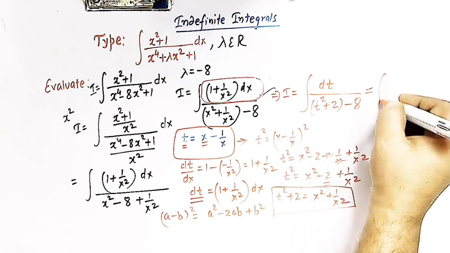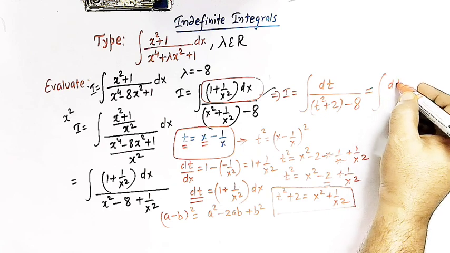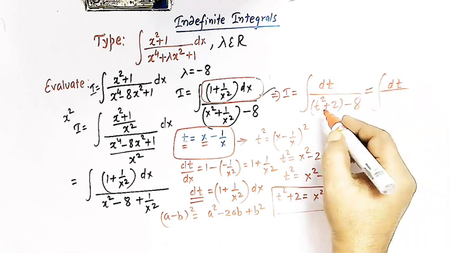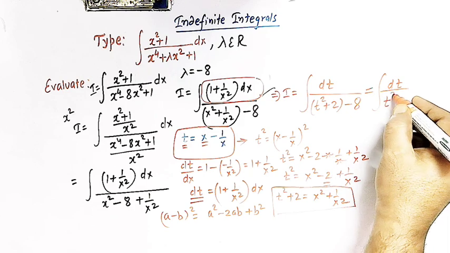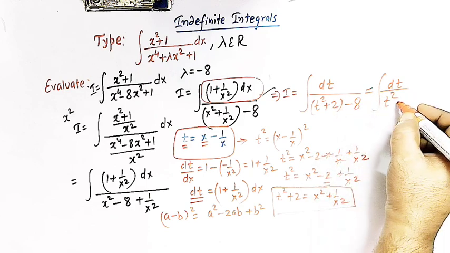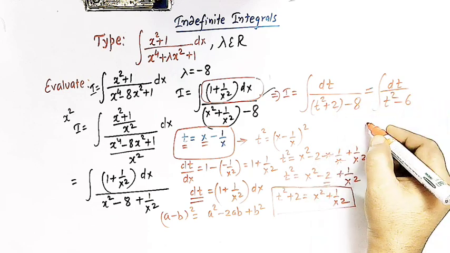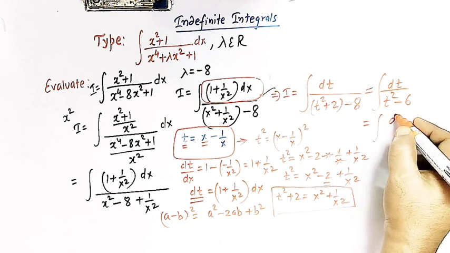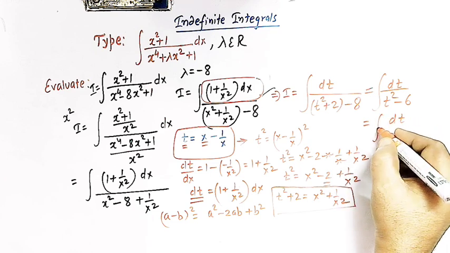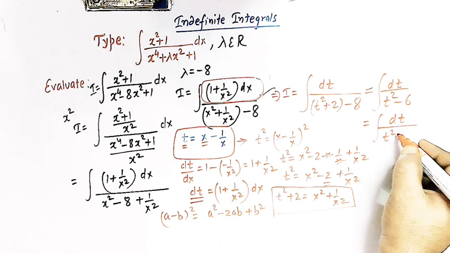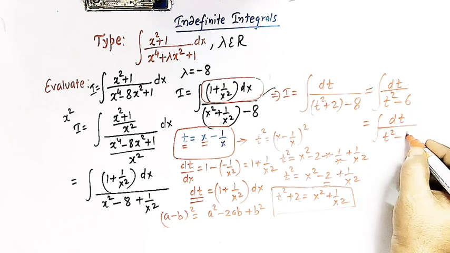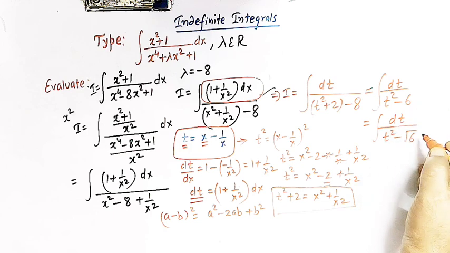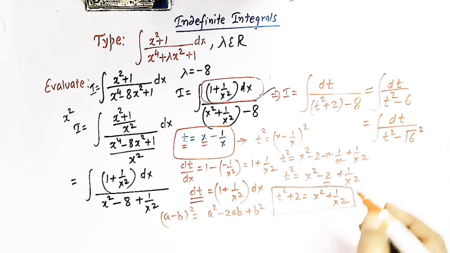So now this integral takes the simple form, that is dt over t square, and 2 minus 8 is minus 6, right? So now we can rewrite this integral as dt over t square minus 6, and 6 can be written as the square of square root of 6, right?